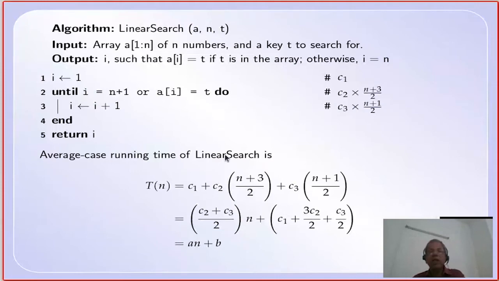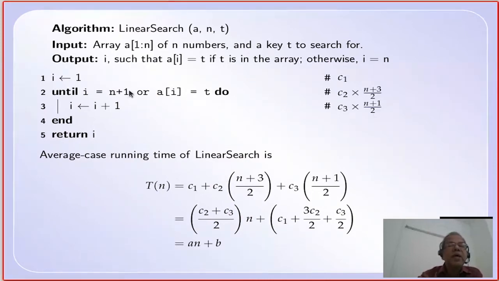So here is the summary. You could have also argued another way. In the worst case, the loop body is iterated n times. On average, it is n by 2.